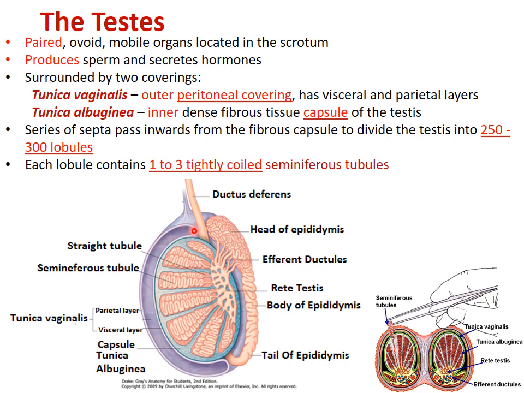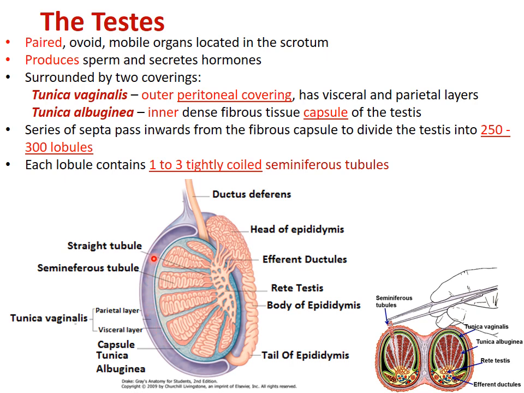This is a double layer of peritoneum in reality, because the testis, initially in fetal life, was in the lumbar region, and then it migrated from the lumbar region to come here in the scrotum, and while doing so it takes the peritoneal covering that was covering only the anterior part, not the posterior part. So only the anterior part is covered by this layer of peritoneum.